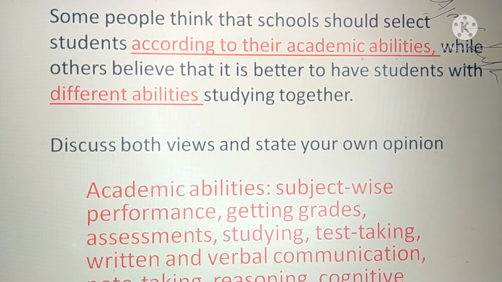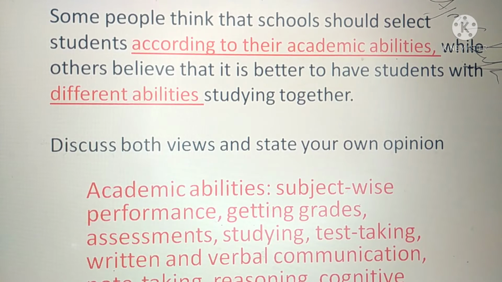Because some people could define academic abilities in different ways, and they can understand something different from the term "different abilities" used in this question statement. Now the question is about discussing both views and giving your own opinion.